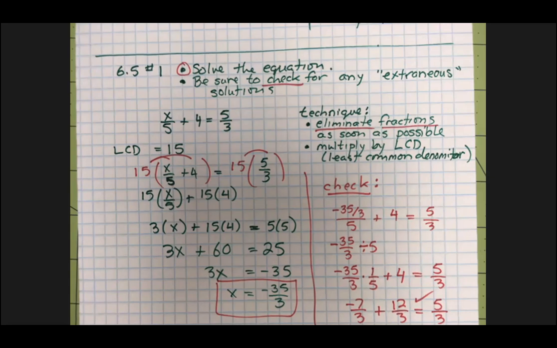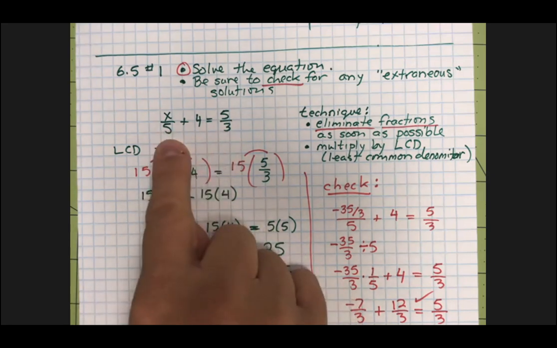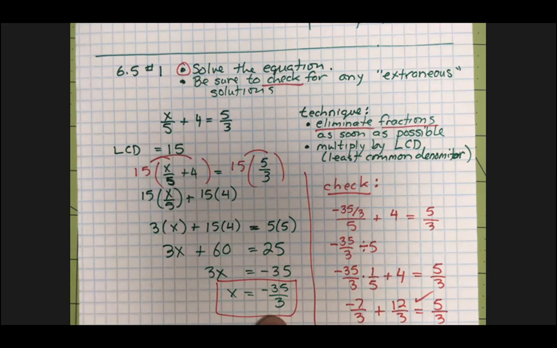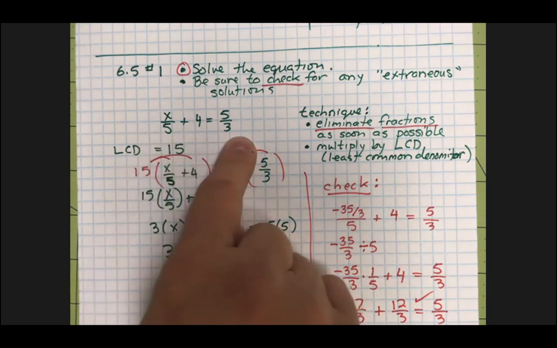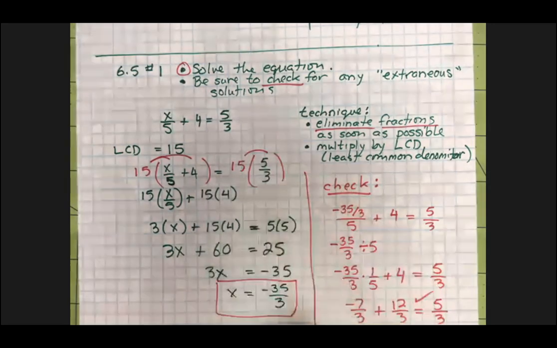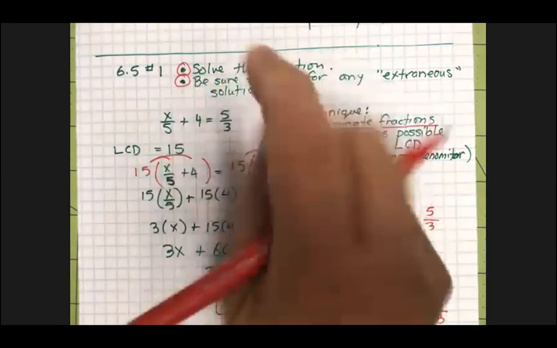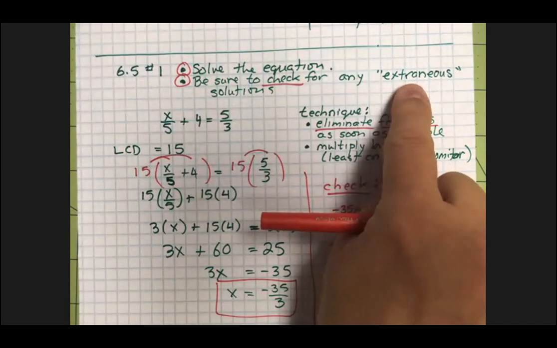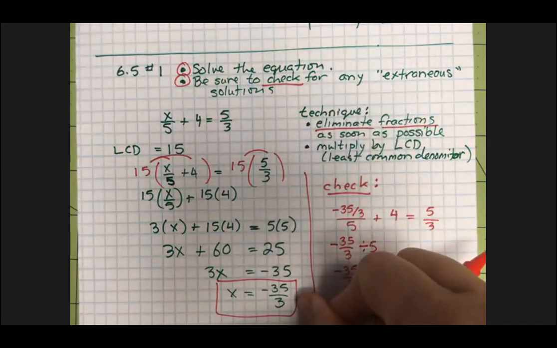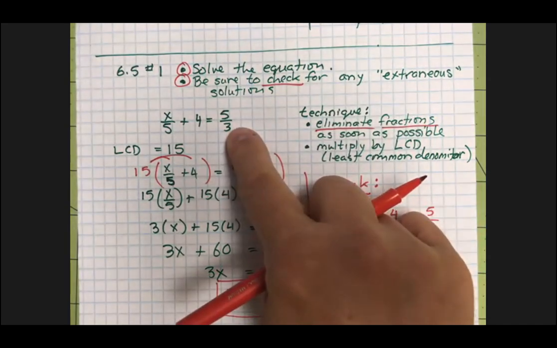So I'm thinking, what if I had some x's on the bottom here and my answer caused one of the denominators to be 0? That's what I'm afraid of. That's what he's afraid of. Extraneous solution would be a number that looks like it works, but it ruins one of the fractions by turning the denominator into 0.